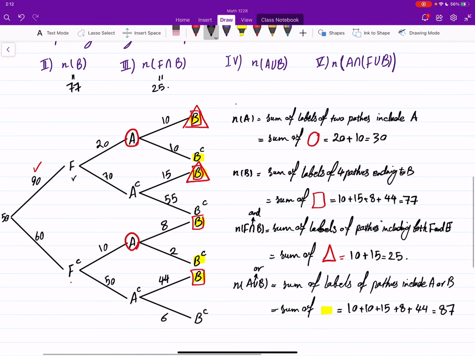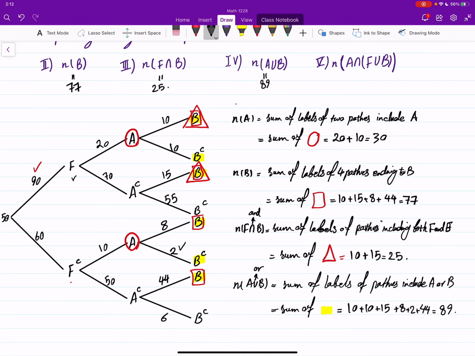Oh, I'm missing a 2 here. This 2, I missed it. Sorry. This must be 2 plus 2 plus 44, and that will give me 89. So that is the number I found.